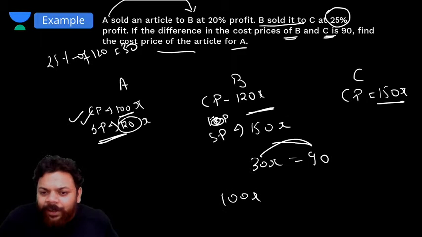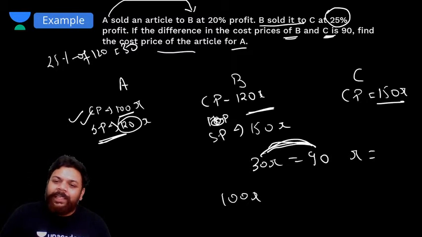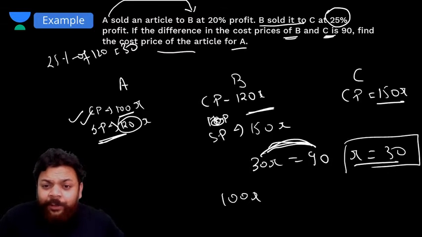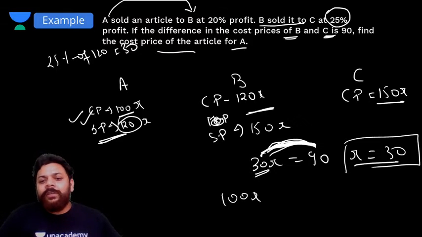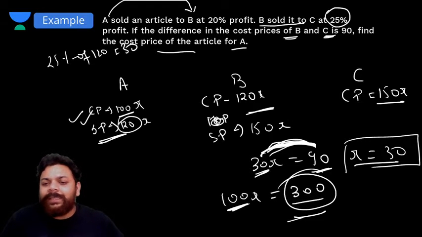Since there is a ratio of 1:3, try to do it like this. Don't write the value of x as 30 and then 100x; this is simple, that's why I am explaining it here. Try to find the ratio. Since the ratio of 30 and 90 over here is 1:3, to make 1 here into 3, I have to write 300 here, and that is my answer.